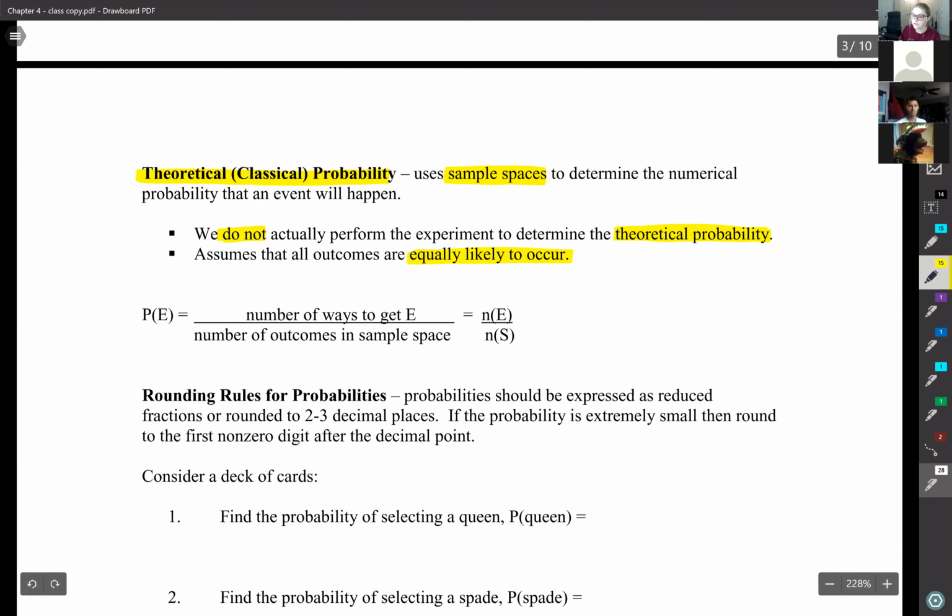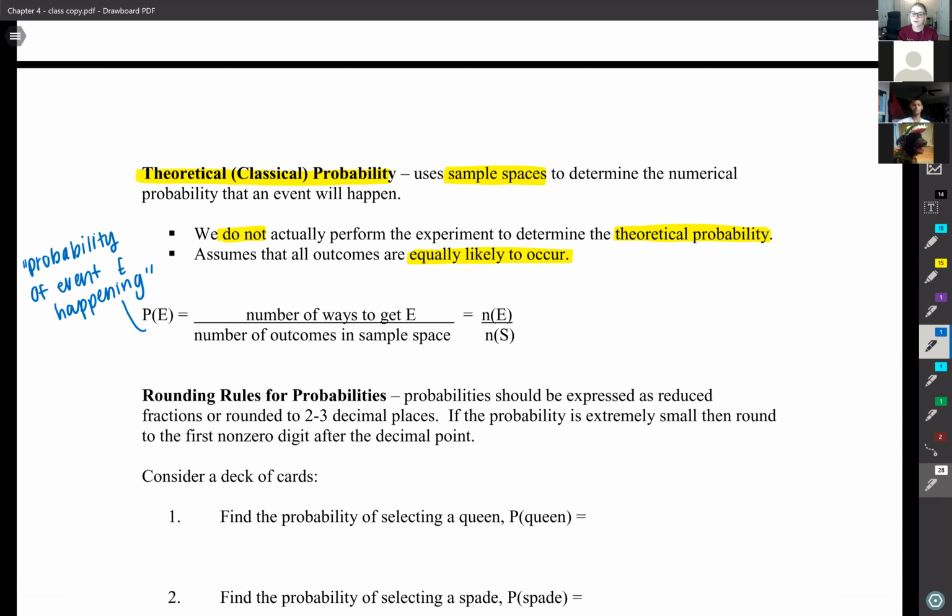Now we define how we find the probability. You see this part here that says P of E. This P parentheses E is read as the probability of event E. So if you see P of E, that just means the probability that E happens.